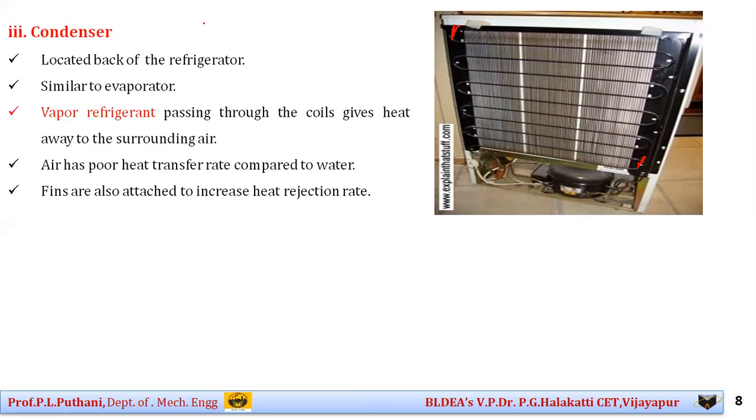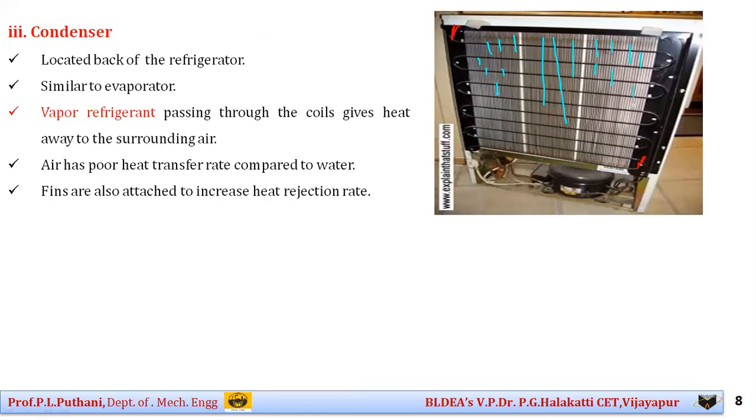Apart from that, another important point here is, if you observe the backside of a refrigerator carefully, students, there are thin stick-like structures. These thin structures we call fins.